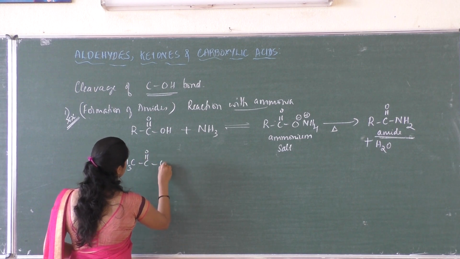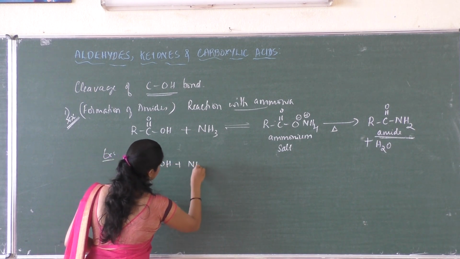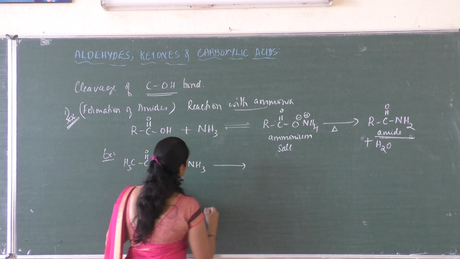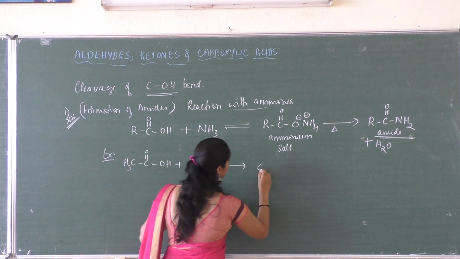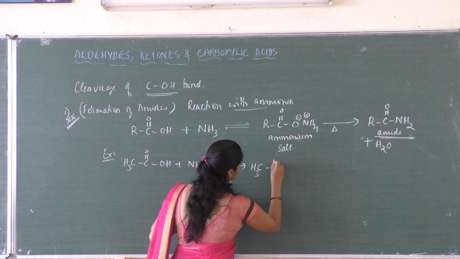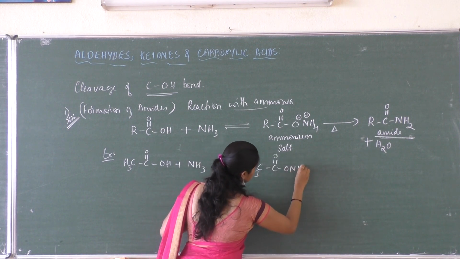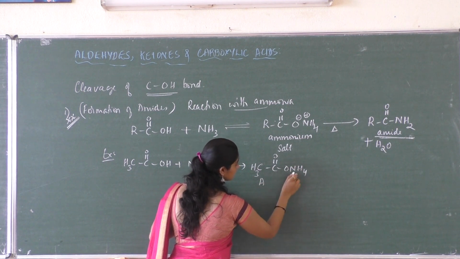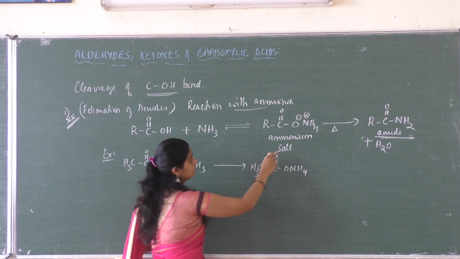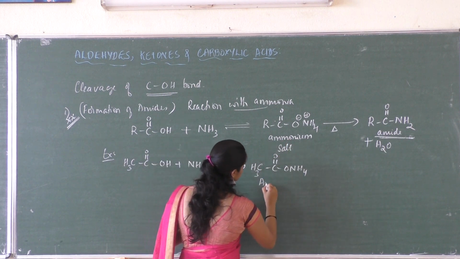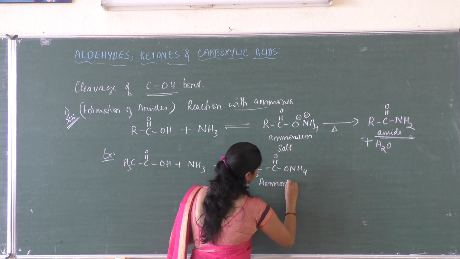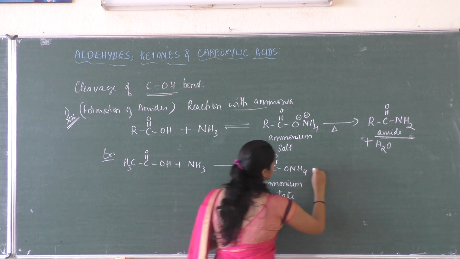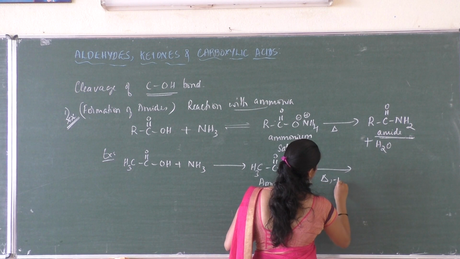when acetic acid is treated with ammonia, it forms CH3COONH4. This is ammonium acetate. So NH4 is nothing but ammonium, and this will be acetate. So it is ammonium acetate, which on further heating loses a water molecule.